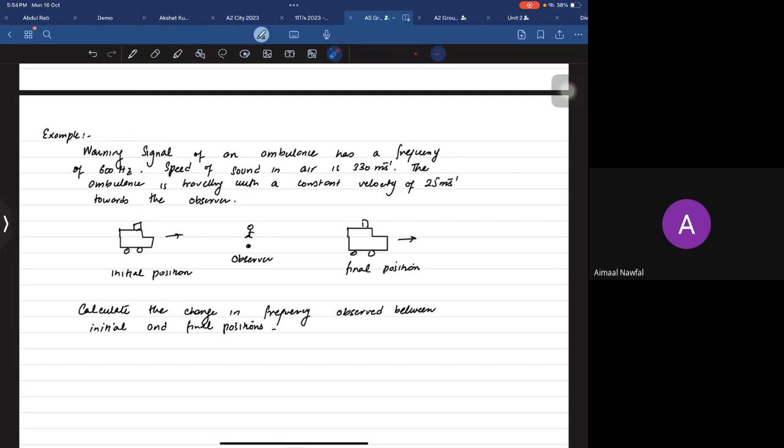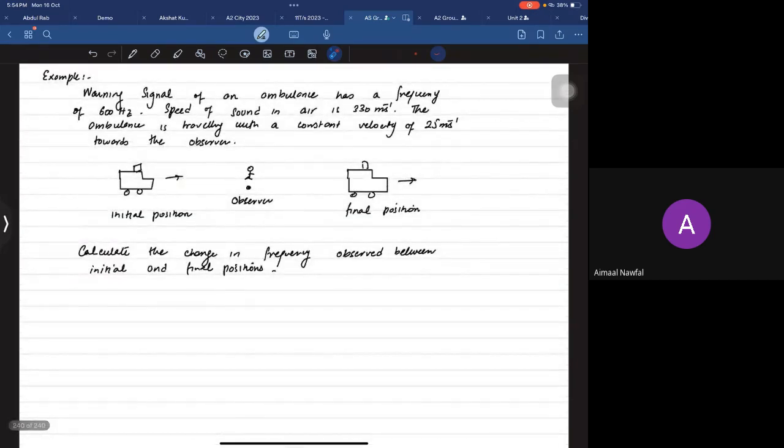Sir, I got negative 111. You can't get negative; you have to do bigger minus smaller. Then it is positive 111. That is incorrect. What equation did you use in the first position? Fs into V divided by V minus Vs. Okay, fine.